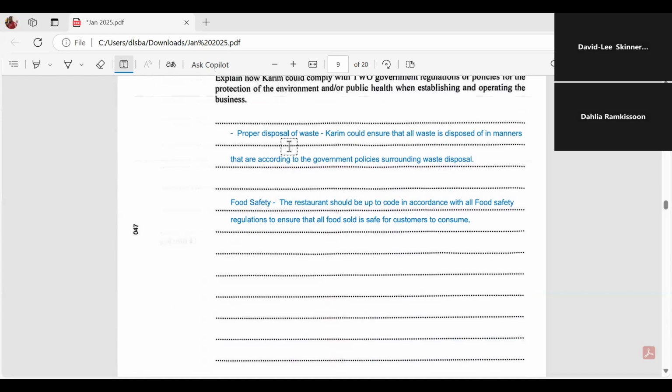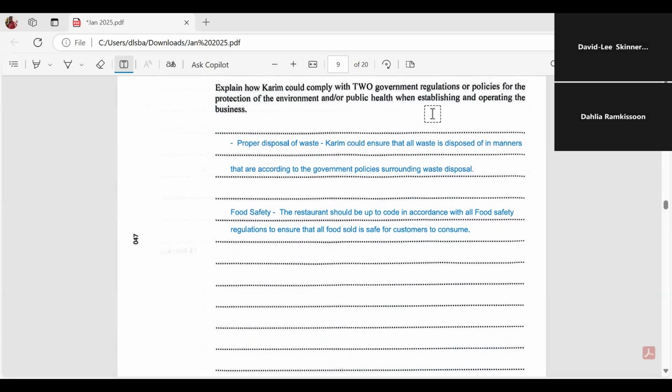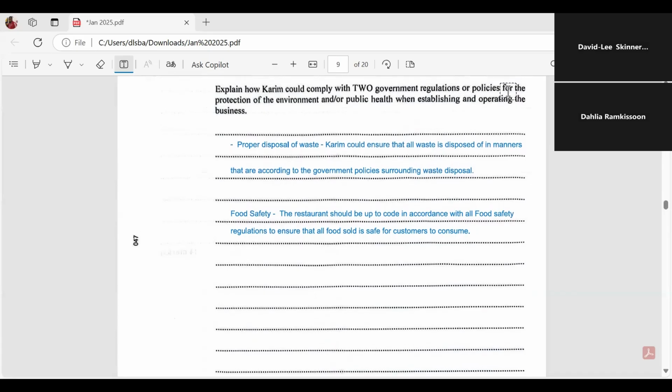Right, so I didn't just say proper disposal of waste, I explained it. I didn't just say food safety, I explained it. And I made sure and mentioned the word government policies or government regulations or anything like that. See, regulations, government policies. Because they said government regulations or policies.